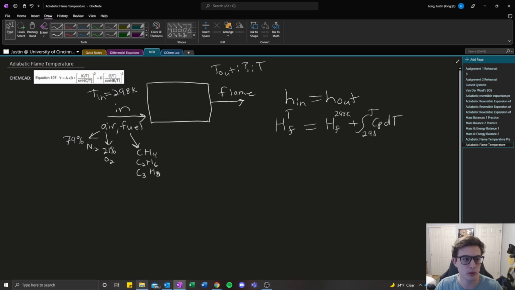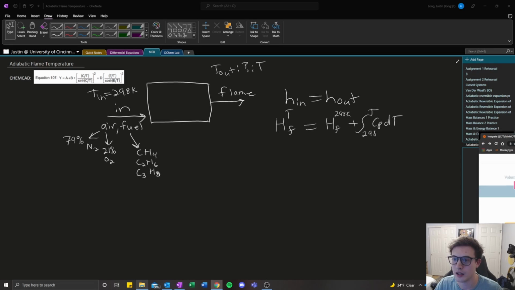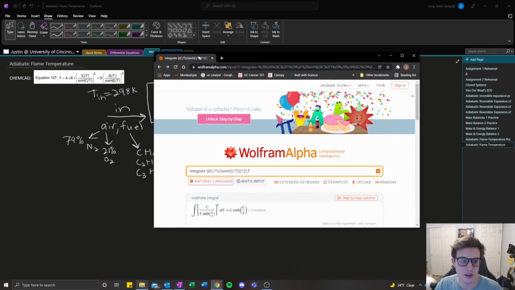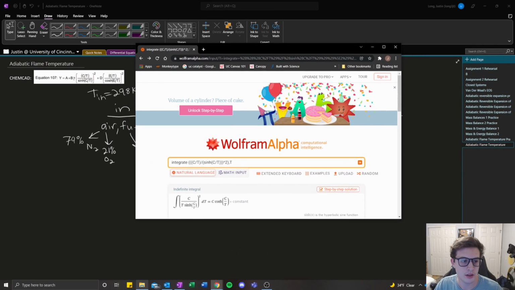So the main important parts, we can do the integral of A. That I can do in my head. So we're going to go ahead and do the hyperbolic integrals in Wolfram Alpha. So I'm going to pull that over here. So we've got the integral of this part here, and it comes out to C times the hyperbolic cotangent of C over T. And because we're going to be using Python later, Python doesn't let me use hyperbolic cotangent.